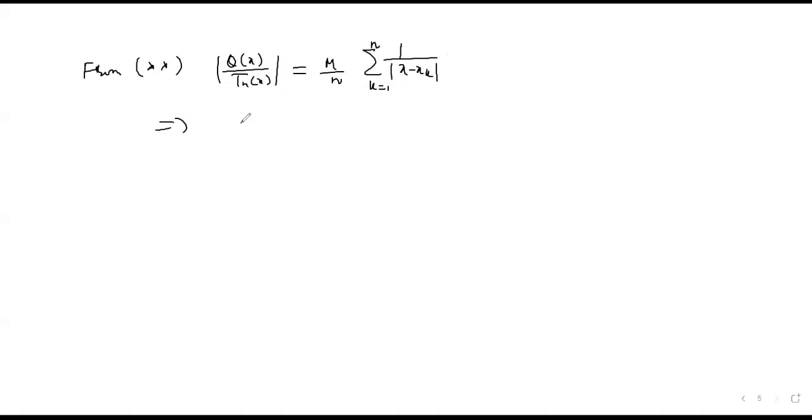So which implies that q of x is equal to m by n summation 1 by x minus xk in mod, in case it is positive, into mod tn of x, and which we know is less than equal to 1.